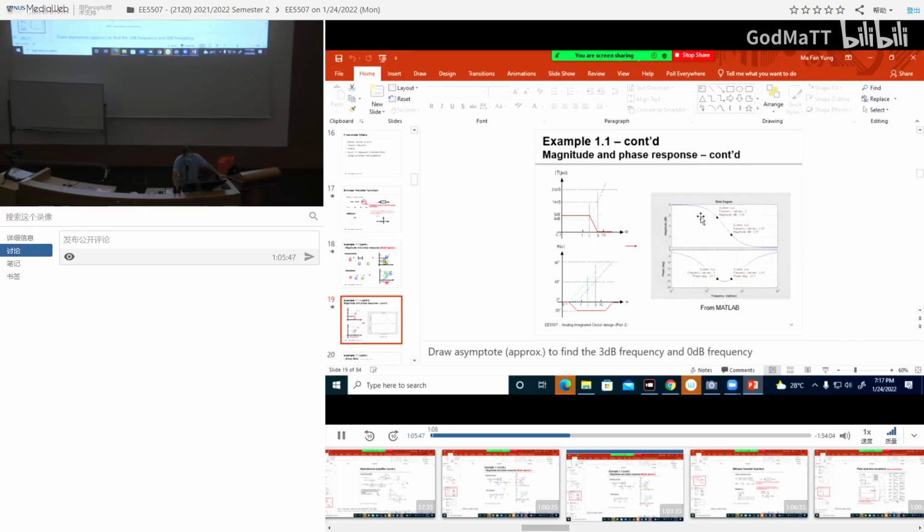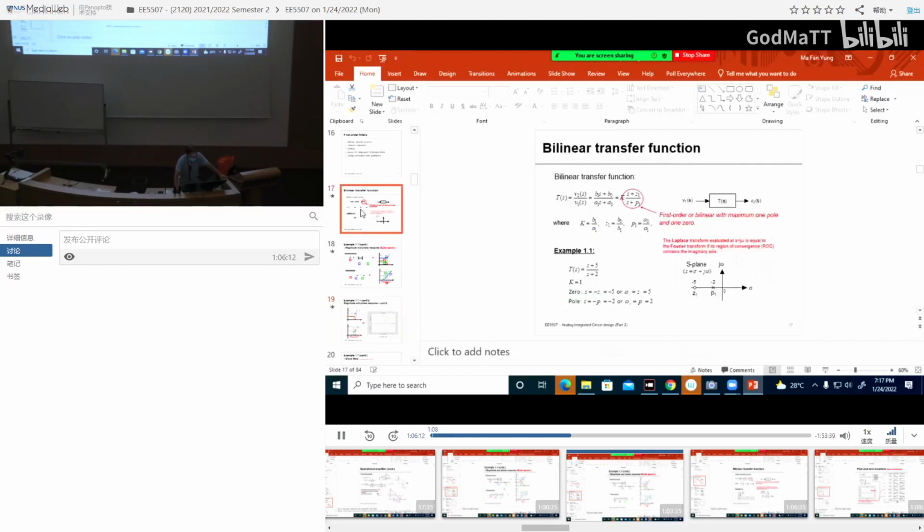3 dB is somewhere here. See, here is 0.246. So this is the initial bilinear transfer function gain at DC. At DC, what is this gain?